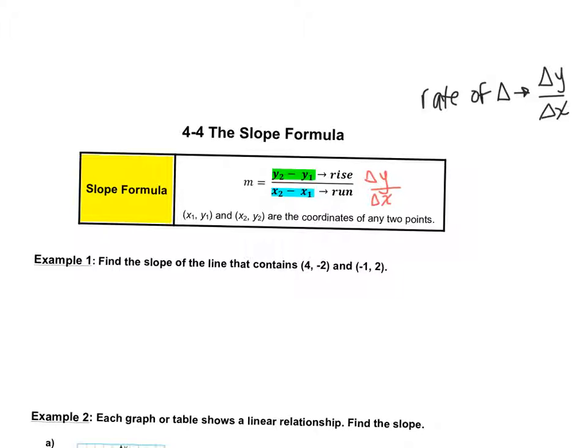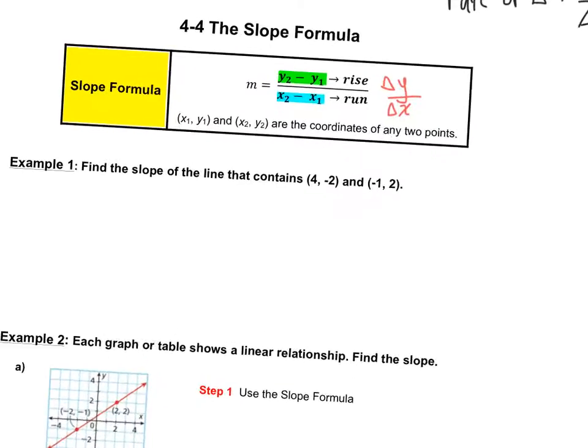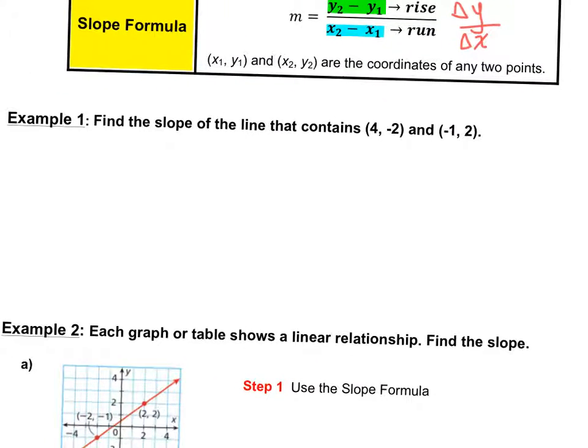So if I ask you to find the slope of a line that passes through the 2 points given, that's the same thing as saying finding the slope of a line that contains them. And so my first point, this is point number 1, we would then say that x1, y1, and this is x2, y2.